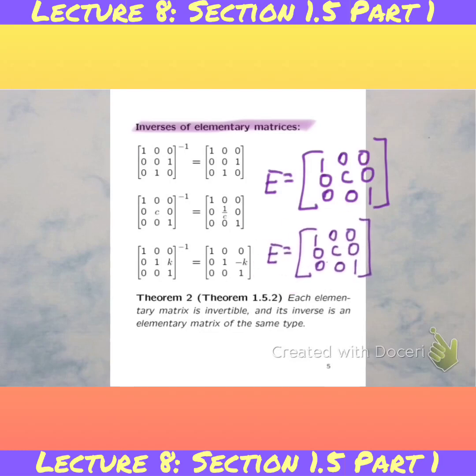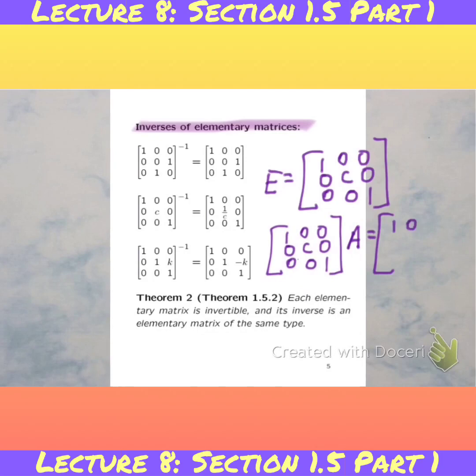So let's take E, and I'm going to ask the question of what must I make A to get the identity matrix on the right hand side. So I need to choose A in a very particular way.